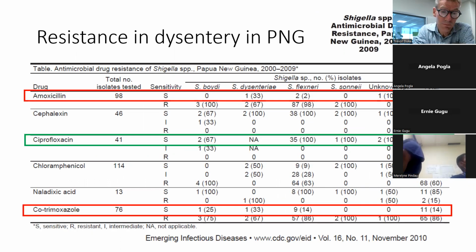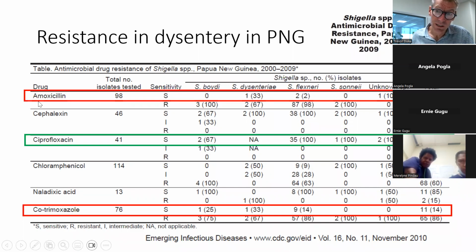The other pathogen that we know is becoming increasingly resistant is Shigella. And I won't go through this too much, but we now know that, for example, children who have dysentery are likely to have dysentery due to Shigella infections that are resistant to the antibiotics that we used to use, like cotrimoxazole and amoxicillin.